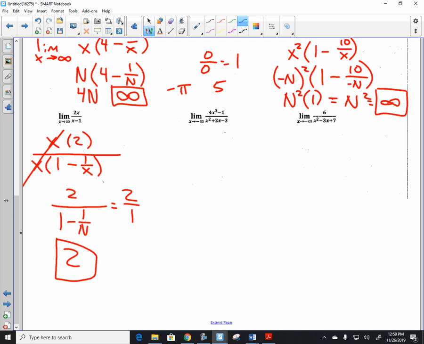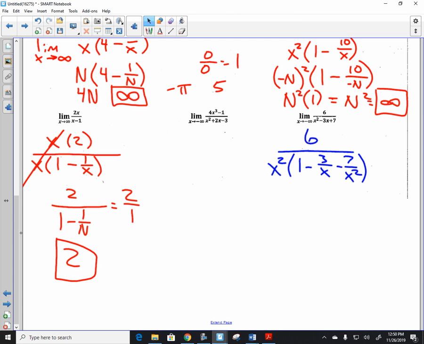What do you want to factor on the bottom? Good. You get x squared times what's left? Good. So Riker is seeing right now what happens to these extra terms. To Riker's point, does it matter?